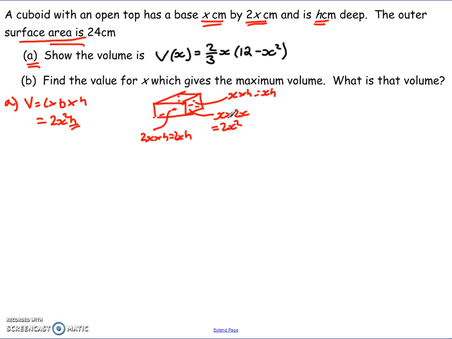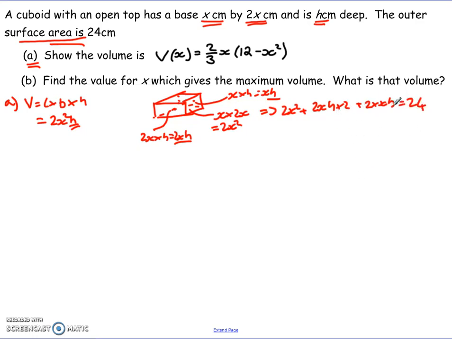So my total surface area is this 2x squared plus 2 of each of these. So I've got my 2x squared plus 2xh times 2 plus 2 times the xh there. So 2 times this and 2 times this. And I know that that equals 24.